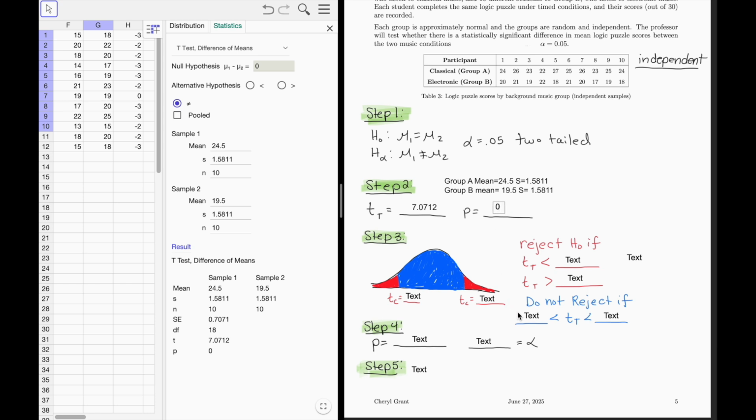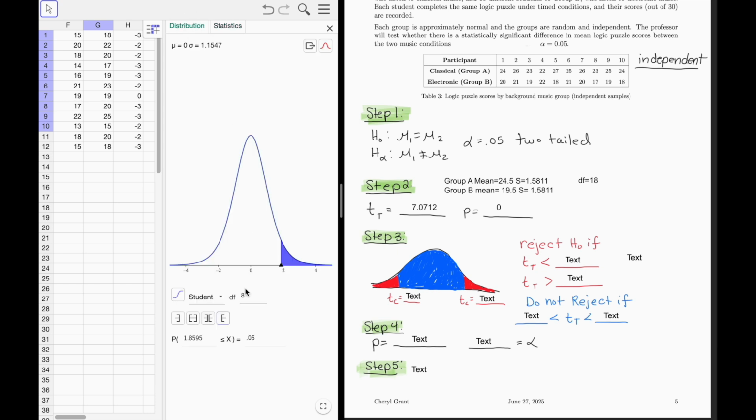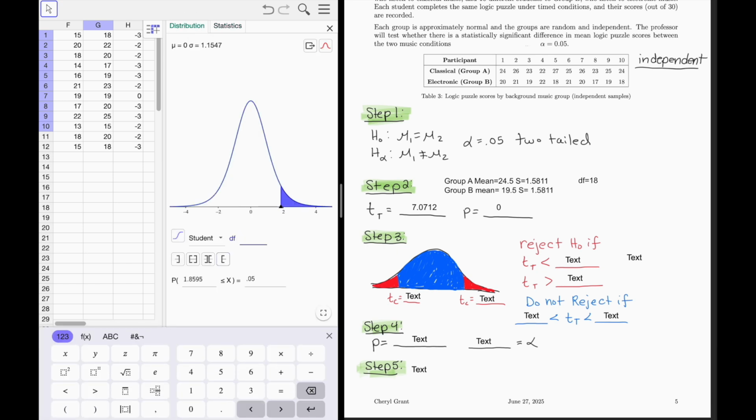Now we need to find our critical values. Let's write down, because we're going to need it for our critical value, what our degrees of freedom is. If you look down here, it's 18. So we're going to switch over to our distribution tab, and we're going to put in our degrees of freedom as 18. This is a two-tailed test.